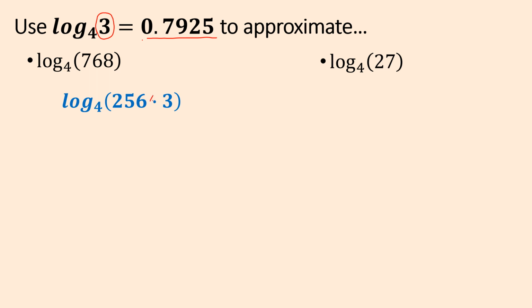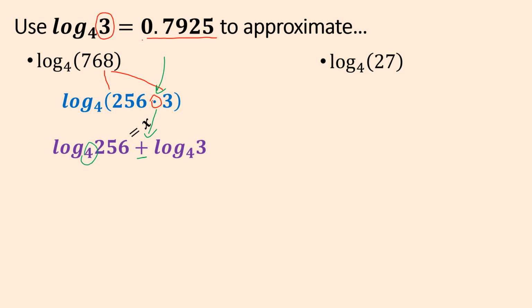Okay, so I've split this up. 768 is 256 times 3. And now that we have this multiplication sign here, we can split this up into two logs. Log base 4 of 256 plus, instead of that multiplication, log base 4 of 3. Now this 256, let's solve this out. 4 to the x power equals 256.